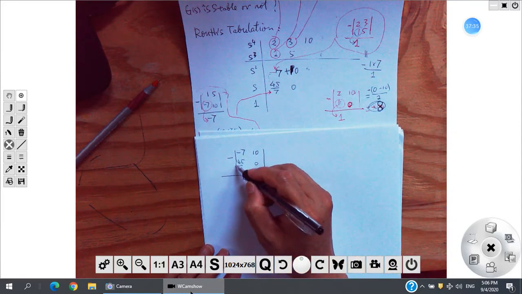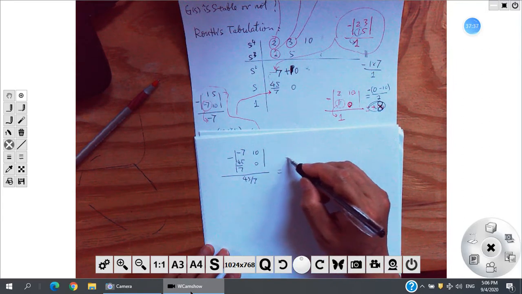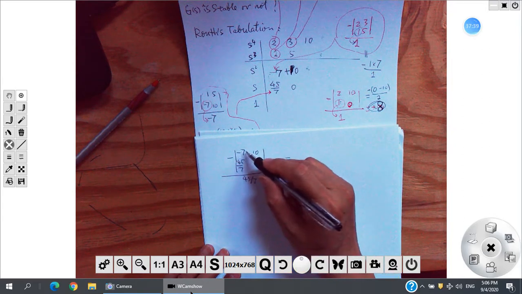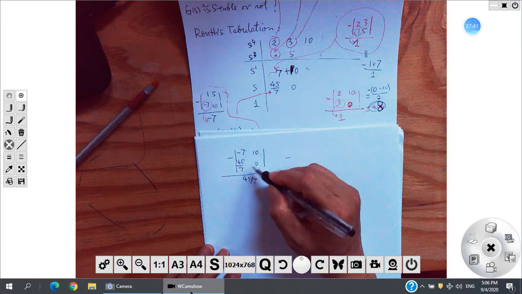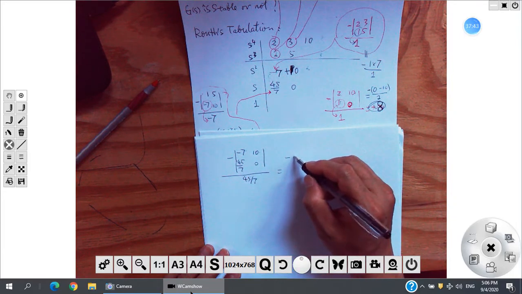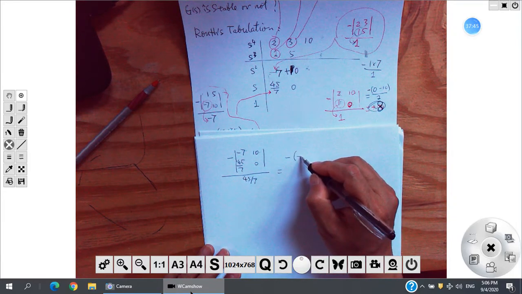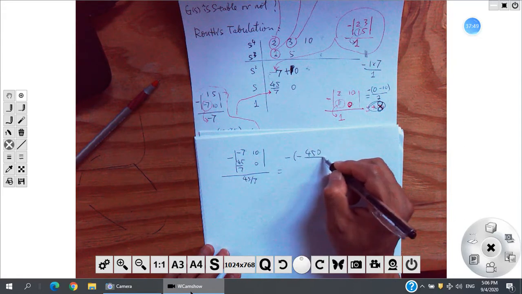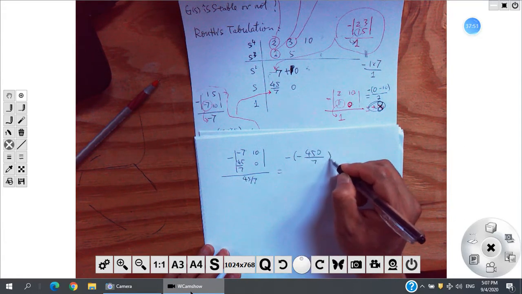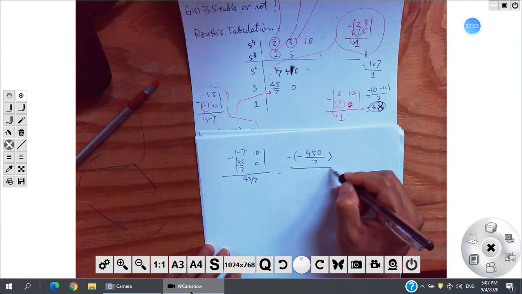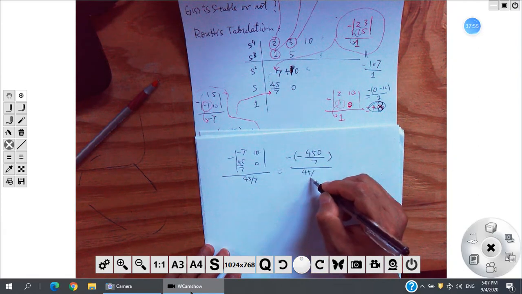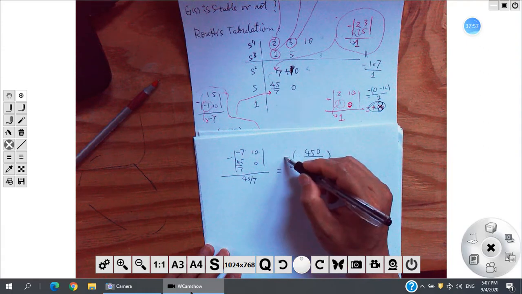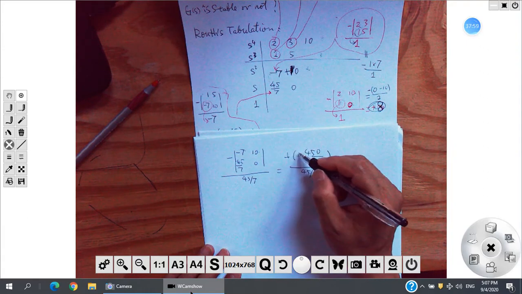Now we do the calculation. This is a negative. -7 times 0, we get 0. 0 minus this, so it is a negative 45 over 7 times 10, divided by 45 over 7. Negative, negative cancel, should be positive.